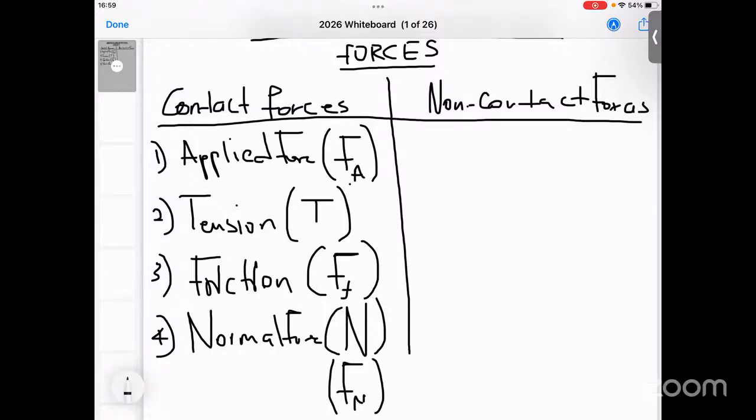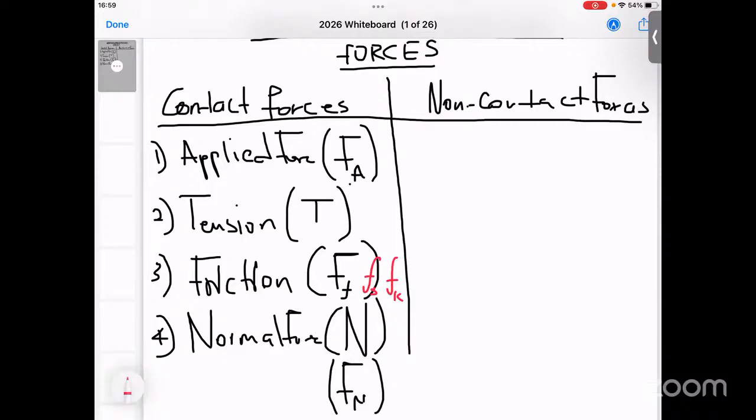Just to add, with regards to the frictional force, sometimes you will see F and then s, or otherwise F and then k. I will explain that as we continue.